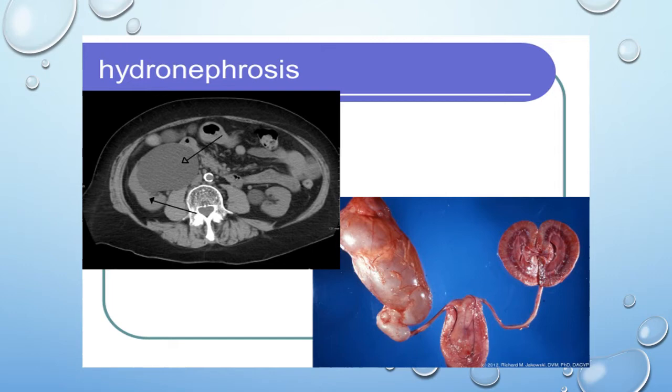And then the other kidney does have the hydronephrosis, and you can see it looks like a giant water balloon. And this basically occurs because there is some sort of occlusion. There is some sort of blockage that doesn't allow urine to leave the kidney.